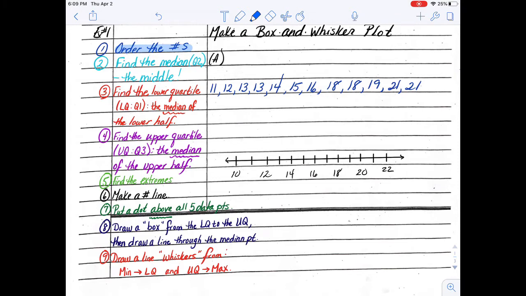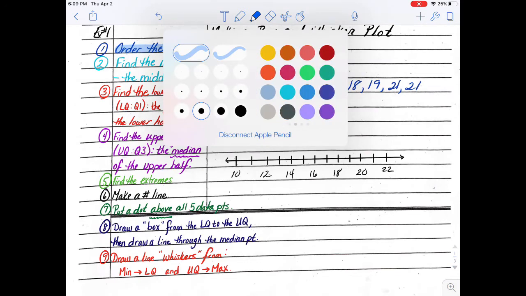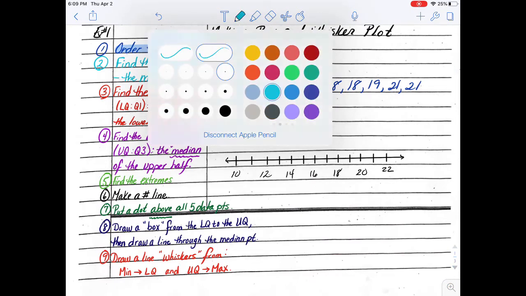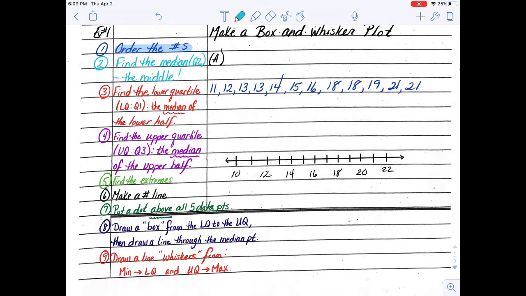Now, the second step says we've got to find the median. Remember, our median is that middle number. So we're looking at that middle number and finding it. So to find the middle number, remember we usually just check off the front and the back and the front and the back until we finally get to the middle.